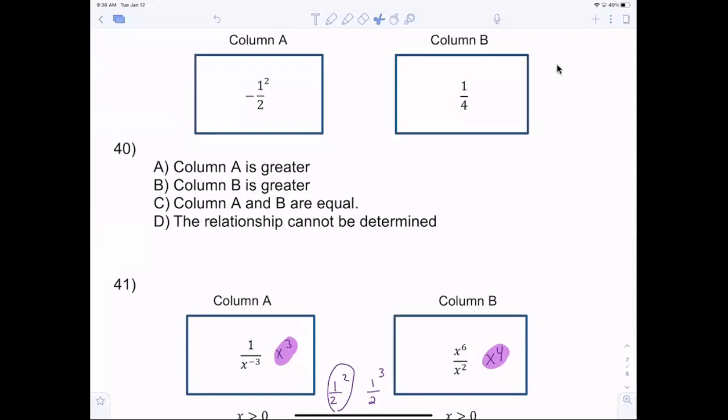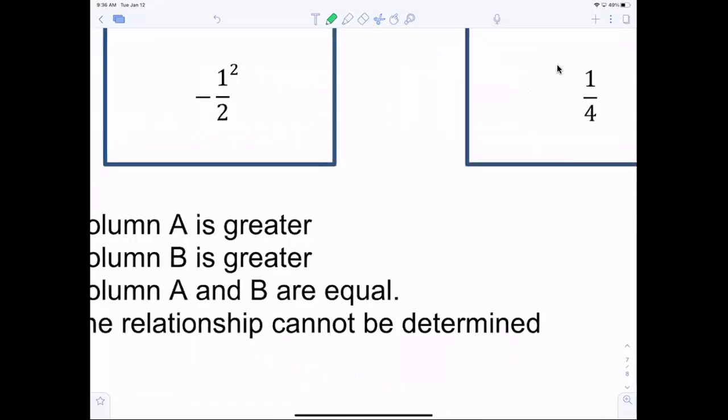But is the negative being squared? Right, right. So this is a trick question all the way around, guys. I want everybody to write in here and make sure you're understanding me. That's negative 1/2, actually. Because what's the only thing being squared?